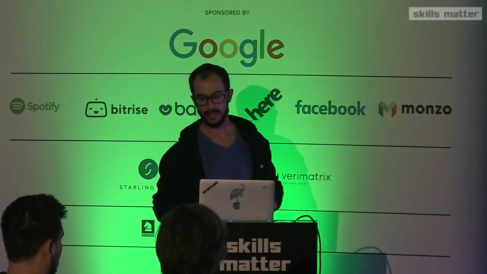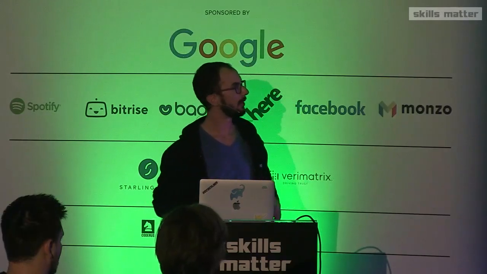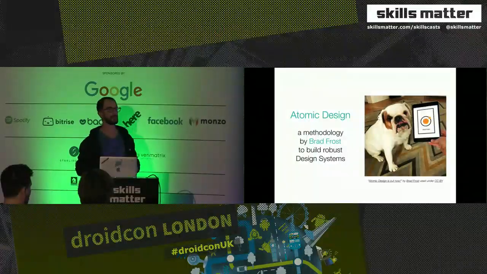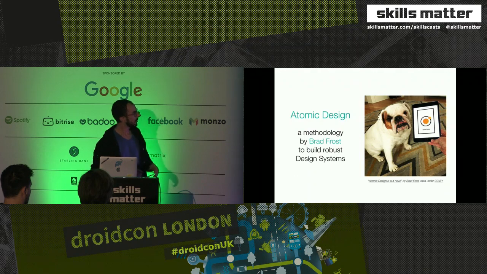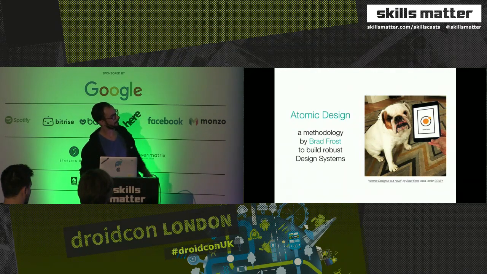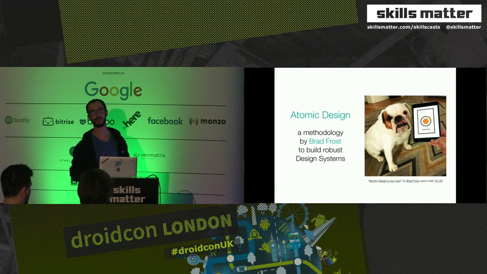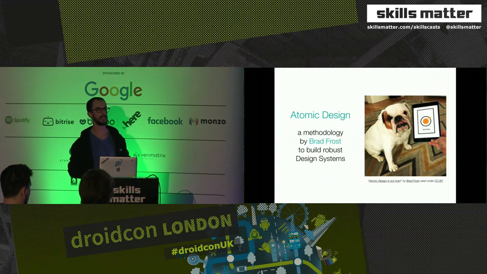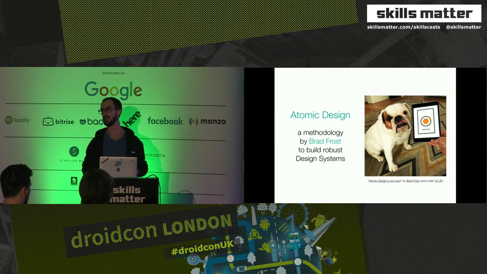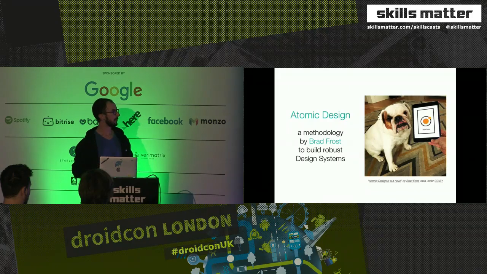So what we did is we looked around and we saw that Brad Frost actually created a methodology to build a robust design system, which he called atomic design. The picture is from the day his book was published, actually. In atomic design, the main idea is to stop considering our applications and websites as a set of pages and screens, but rather as a set of reusable UI components, okay?